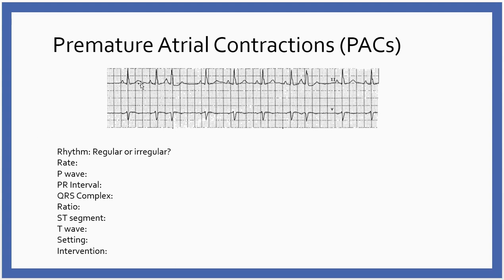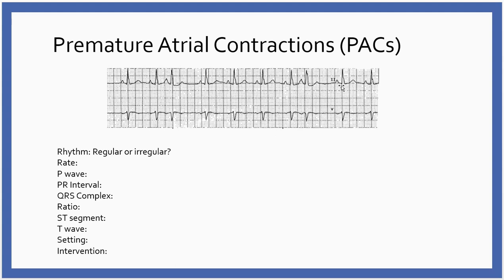T wave in the underlying rhythm is upright and rounded. Okay, here's my T waves. They look nice. Now, looking past the early beat, it looks a little funky, but we'll come back to that. All right, so T wave looks fine on the underlying, and I'm going to do my QT interval from the beginning of the QRS to, I won't use that one because I've got an early beat there.